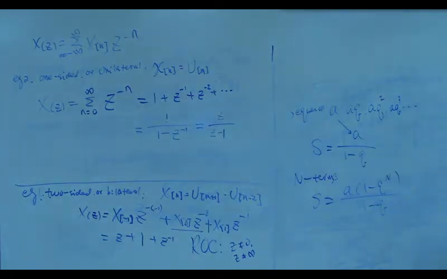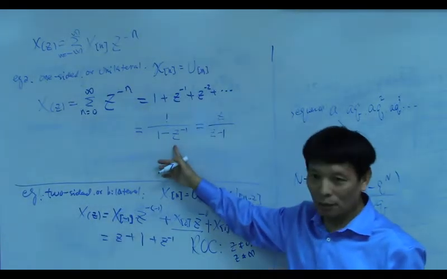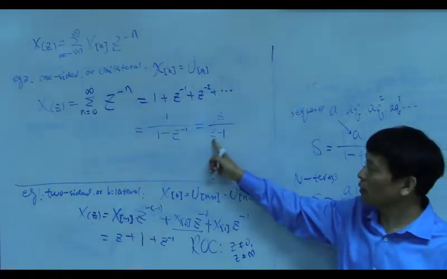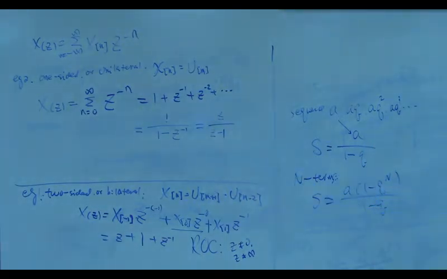So now can you tell me what is the region of convergence? z cannot be equal to 1. If z equals 1, then this one equals infinity, the sum equals infinity, so we cannot do that.